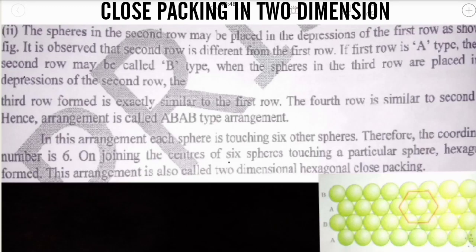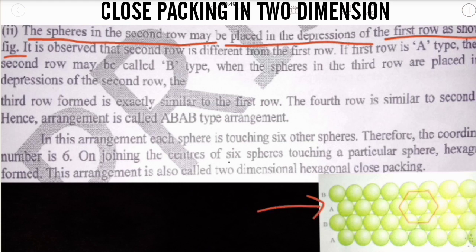In this type of close packing in 2 dimensions, the spheres in the second row may be placed in the depression of the first row, as shown in the figure. Depression means the center of 2 spheres of the first row.